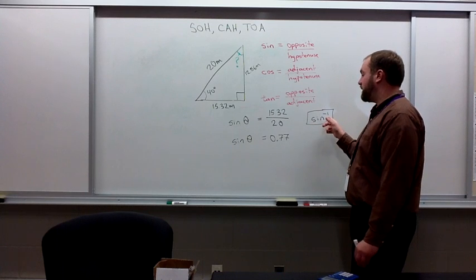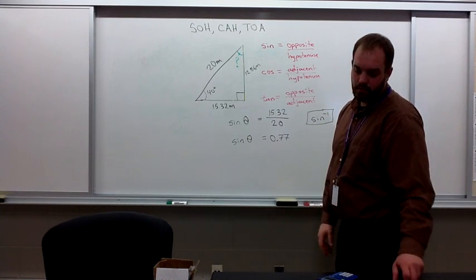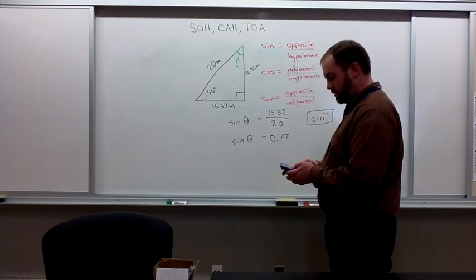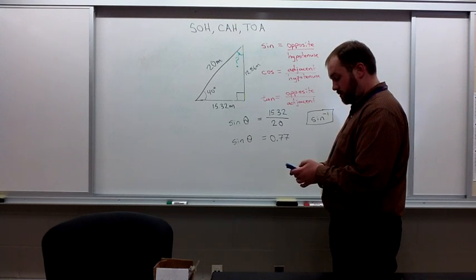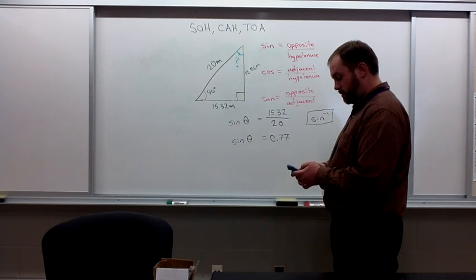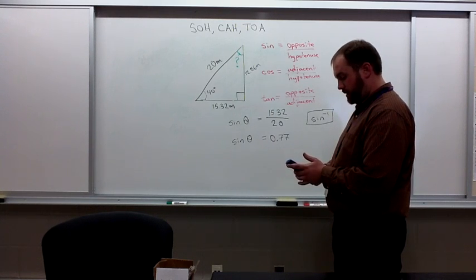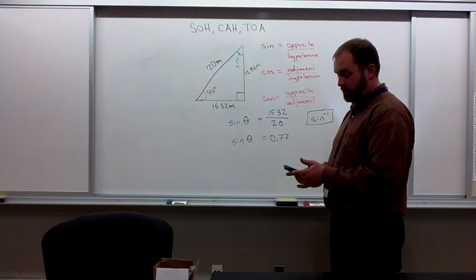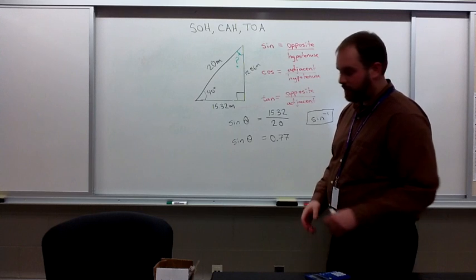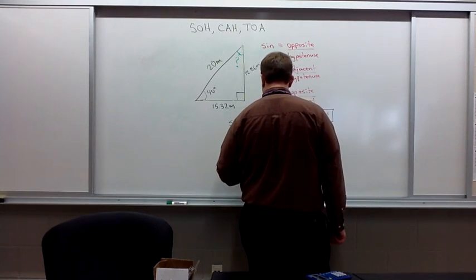Or you would hit that function for 0.77. So the inverse sine of 0.77, this is going to give us the angle, is 50 degrees.